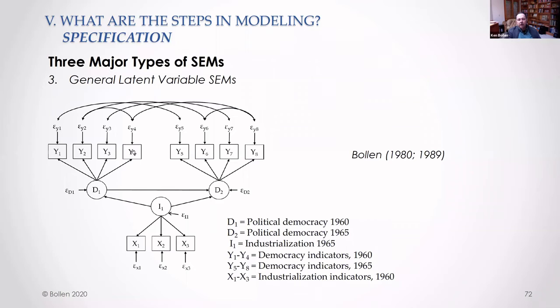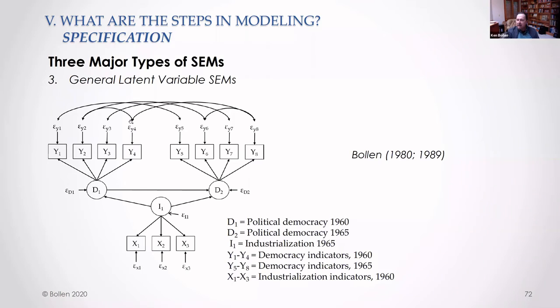Y2 and Y4 are subjective ratings, and they came from the same judge. So the logic of including the error of Y2 and the error of Y4 is that if this judge made an error in Y2, he probably made a similar type of error in Y4.